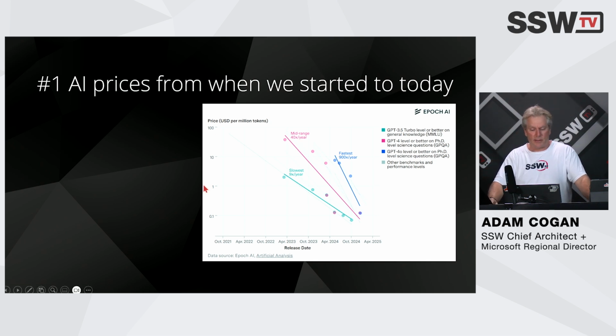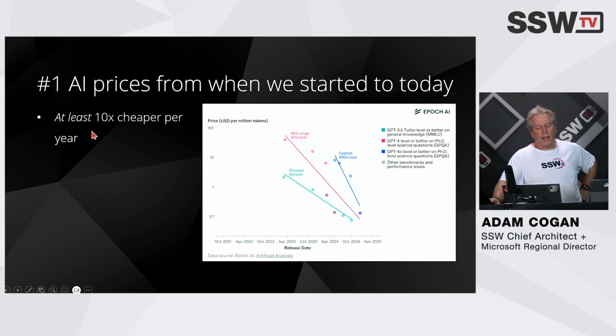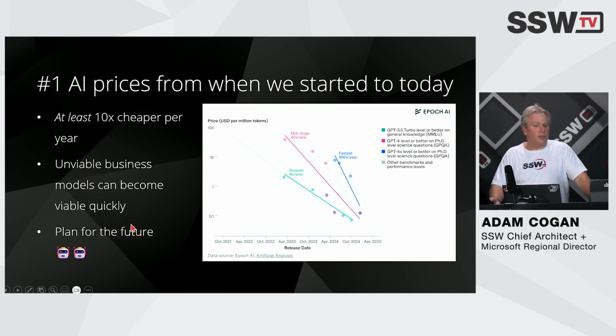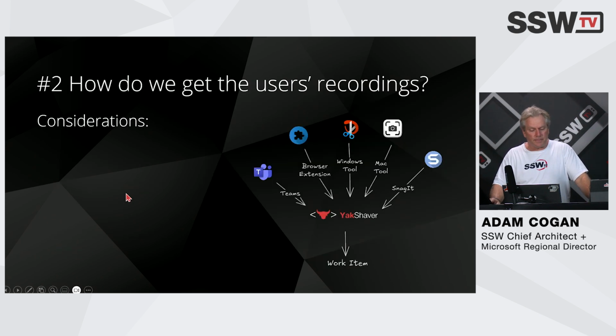Things were changing to about 10 times cheaper per year, and unviable things that we thought were not possible quickly became possible. And I think that this is going to continue on. So plan for the future, not right today.